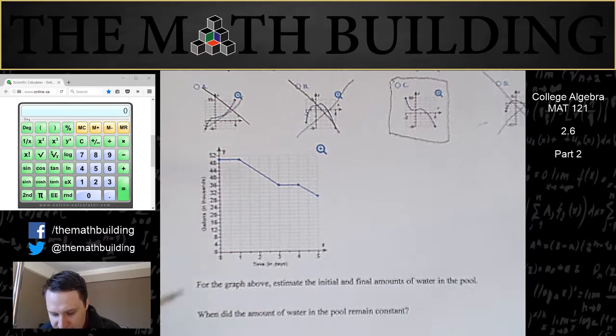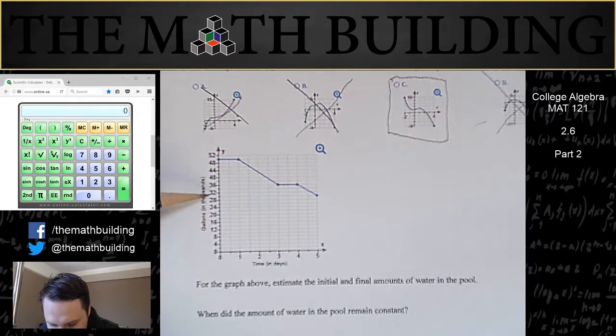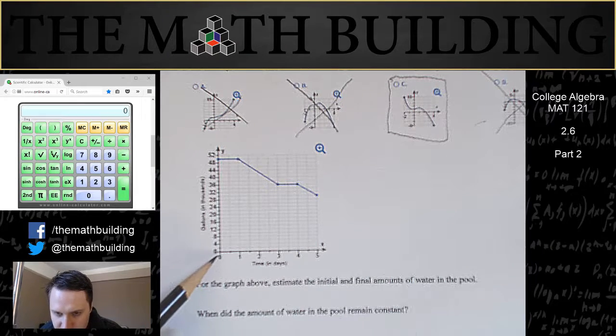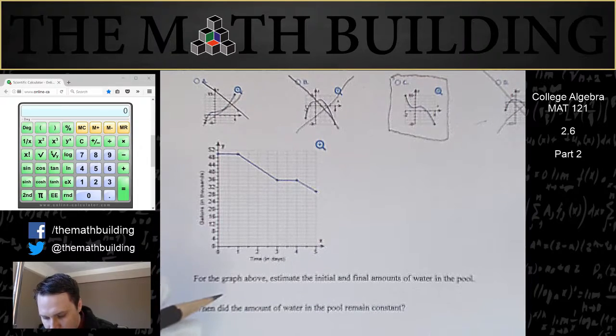So let's see, this axis over here is going up by 4 every time. And so if I look, it looks like the starting value of the water, because remember we're starting at 0, looks to me that that's the value of 50 right there, halfway between 48 and 52. So I would say that the initial water is 50.